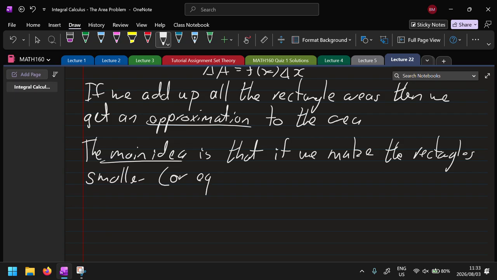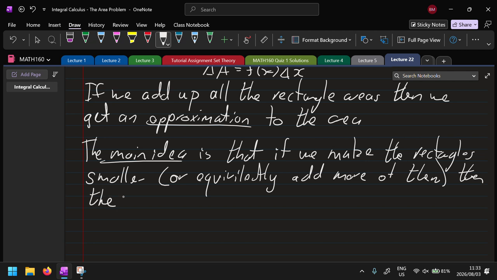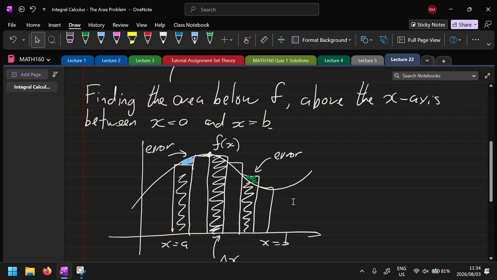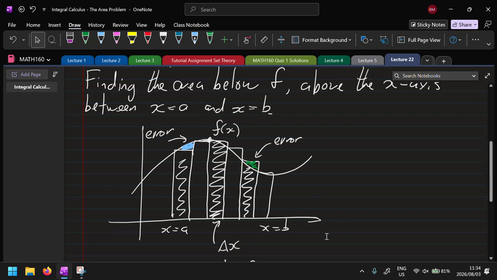or equivalently, add more of them. Then the error will decrease. Okay. And by error, again, I mean that little blue part on the left and the green part on the right.